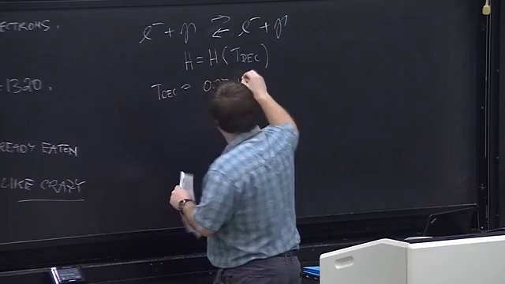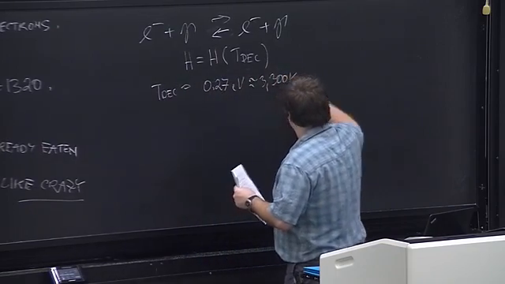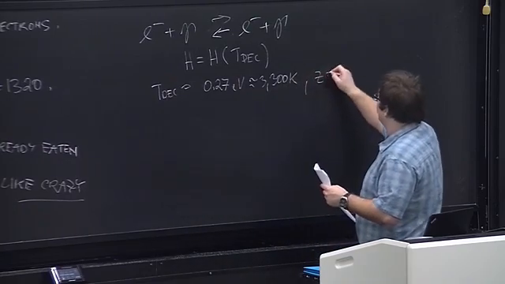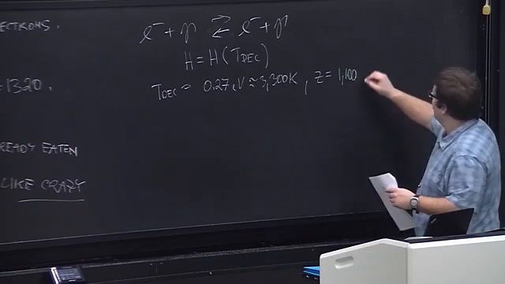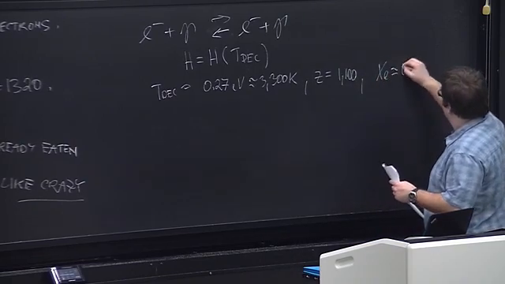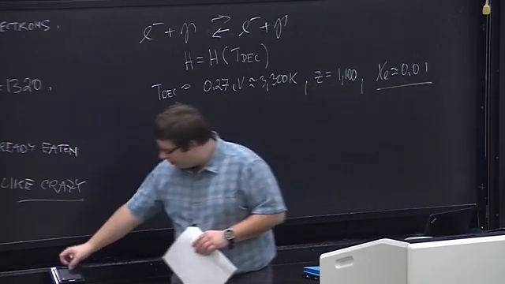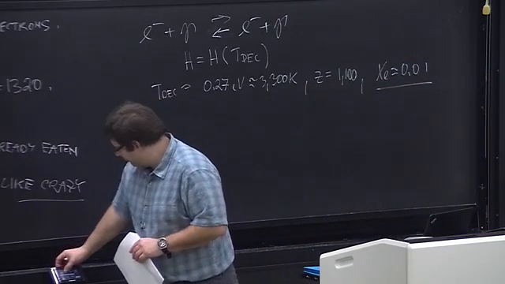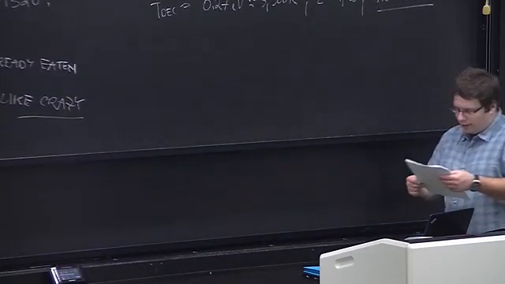And this T decoupling is 0.27 eV, or 3,300 Kelvin, and happens at Z, which is 1100. And if you are still interested in the ionization fraction, then it's now 0.01. And again, you will estimate these things in your homework.